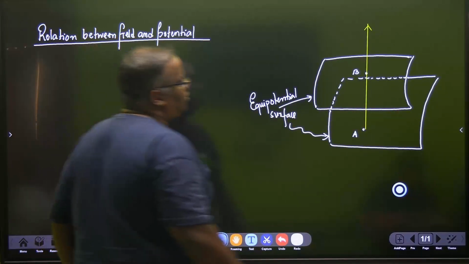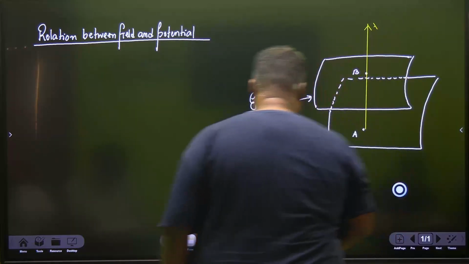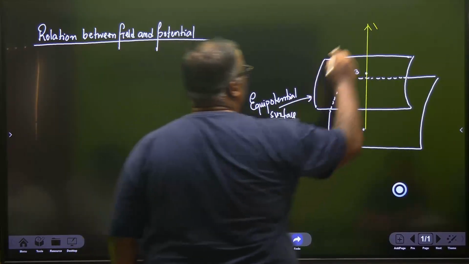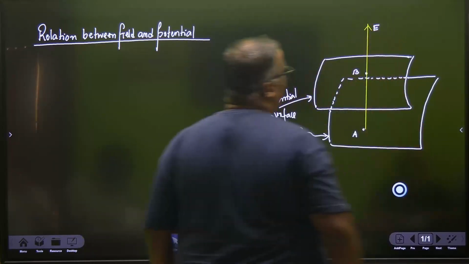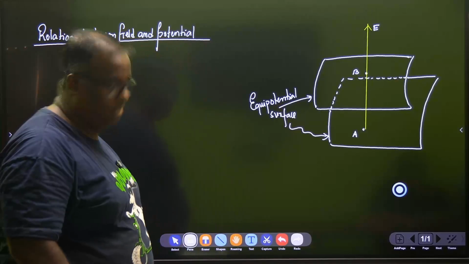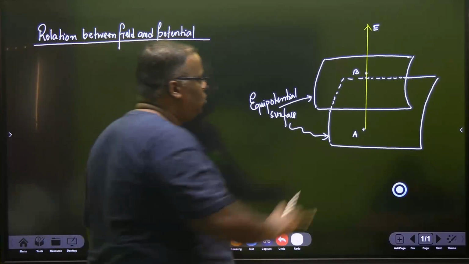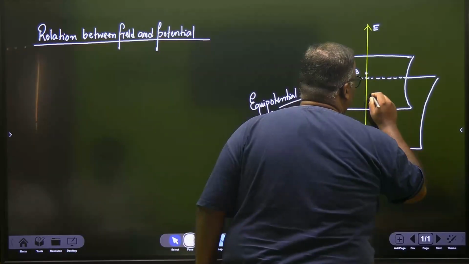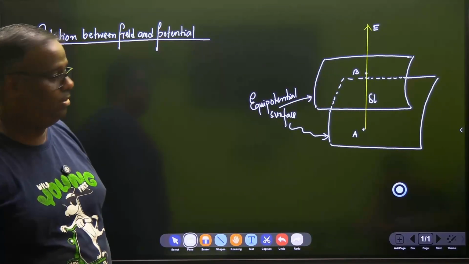So this is the electric field E, and we have a small length element from here to here. Say del L is the length element.